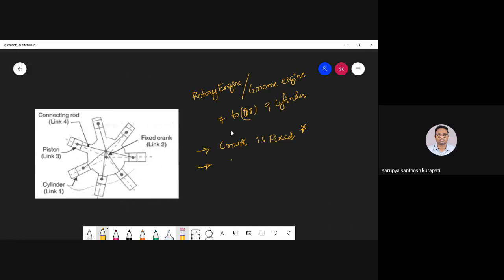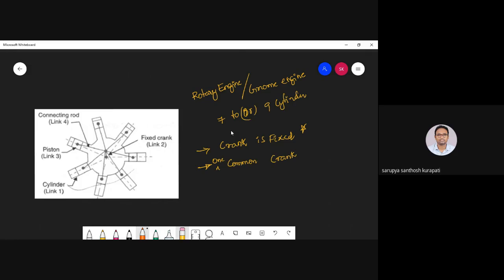Okay, so for all cylinders you have only one common crank. As I said, if there are 7 cylinders, then 7 couplers are going to be there, 7 sliders are going to be there, but you have only one crank for all the cylinders. Okay, so please do remember.